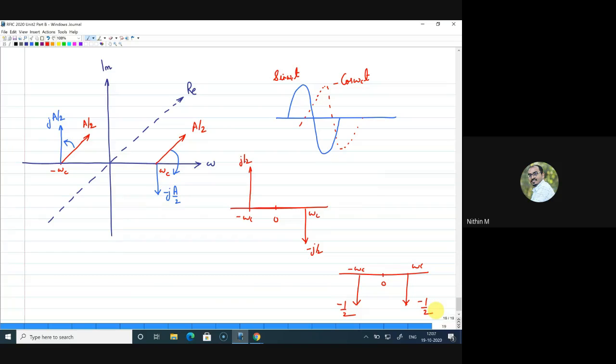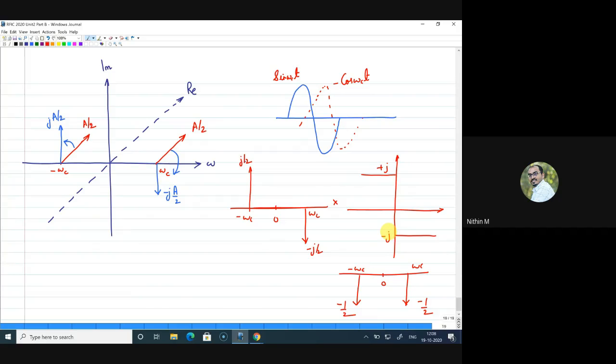So shift by 90° is nothing but multiplying using this. You have a sine wave, but now if I am multiplying that using this function, what is this function I have drawn here?